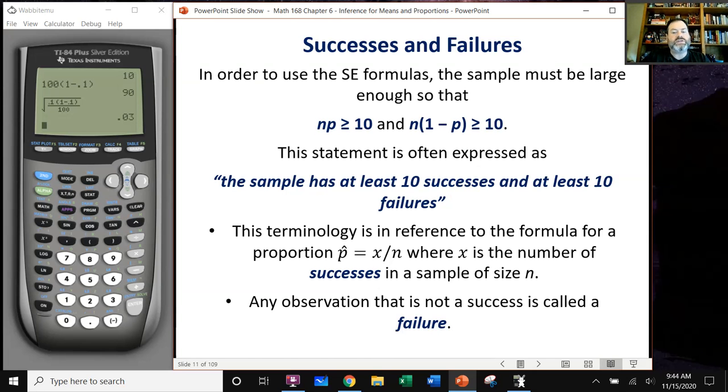So any observation that is not a success is called a failure. And it's just going to make this a lot easier to talk about because you don't want to listen to me say np greater than or equal to 10, n times 1 minus p greater than or equal to 10. Right? Spoken language and mathematical symbols don't really mix, so we just call them successes and failures.